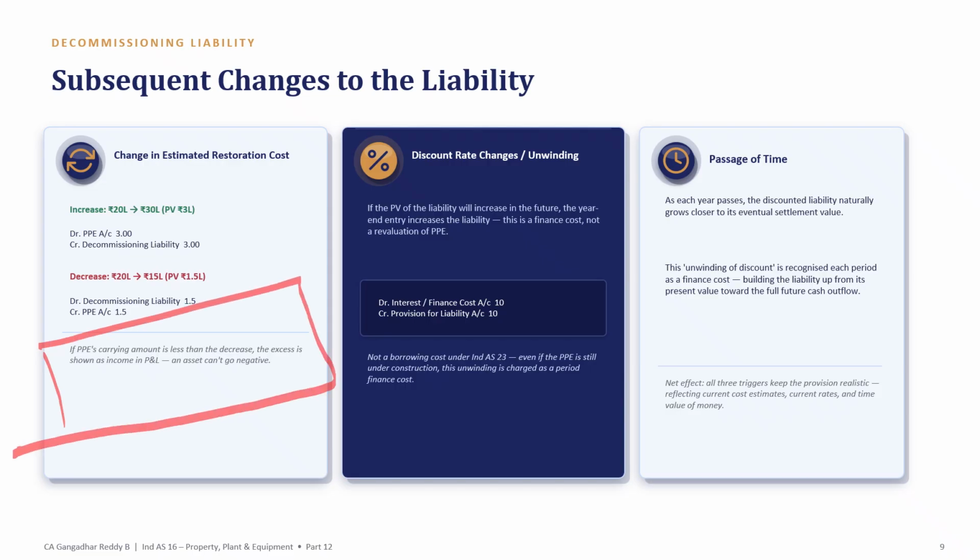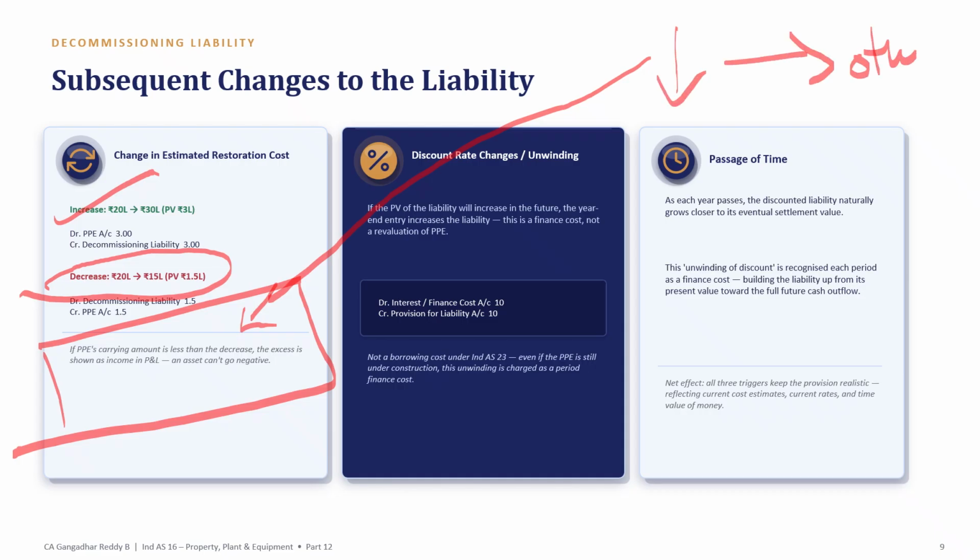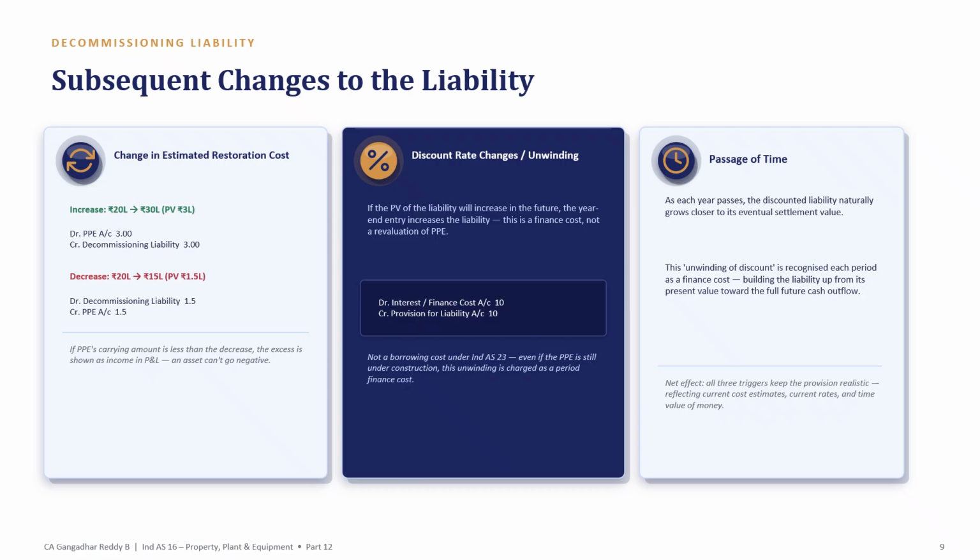In the increase case, it is not a problem. While decreasing, if your PPE value is less than the decrease amount, you can take that amount to other income. Okay, and then if it is a passage of time, the interest keeps on increasing, so interest account is debited, and the provision for liability is credited.